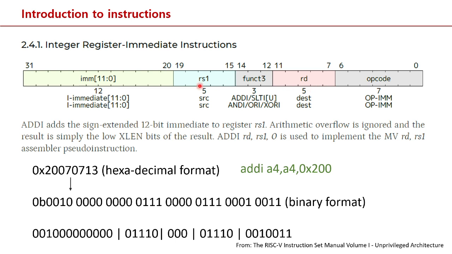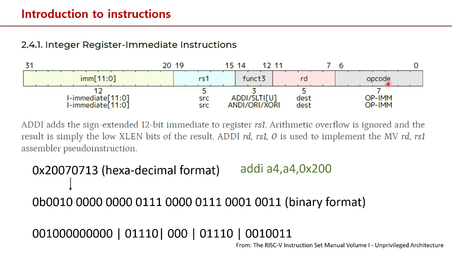As you can see, the representation of this machine code can be based on binary format instead of hexadecimal format. For this, we need to convert this value into binary format. But the important point is that this binary value can be divided into several fields: bits 0 to 6, bits 7 to 11, and bits 12 to 14.